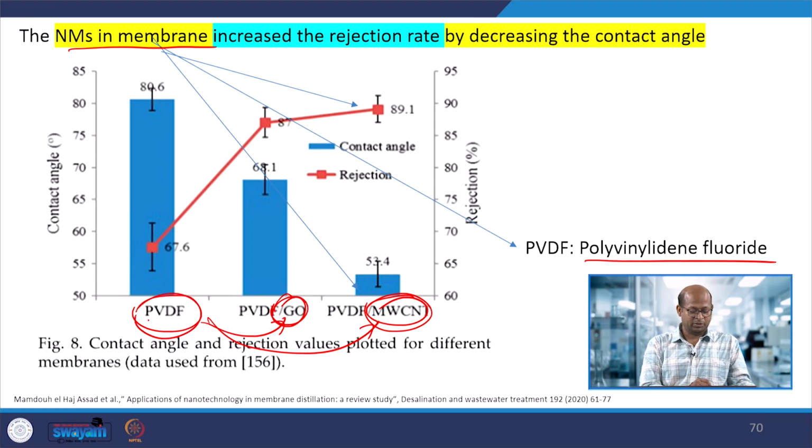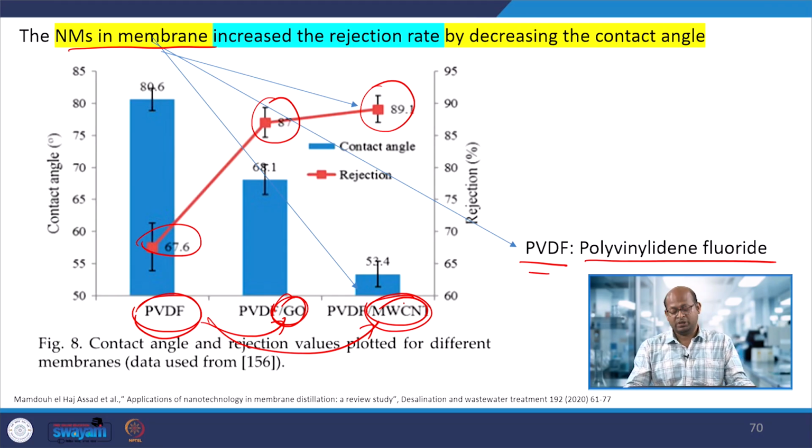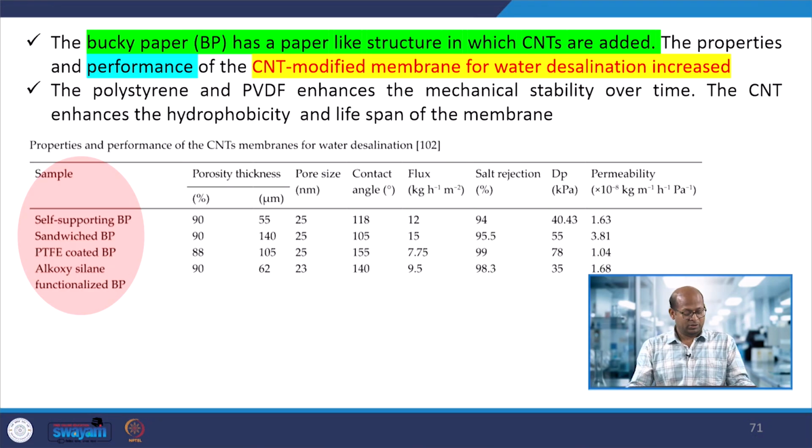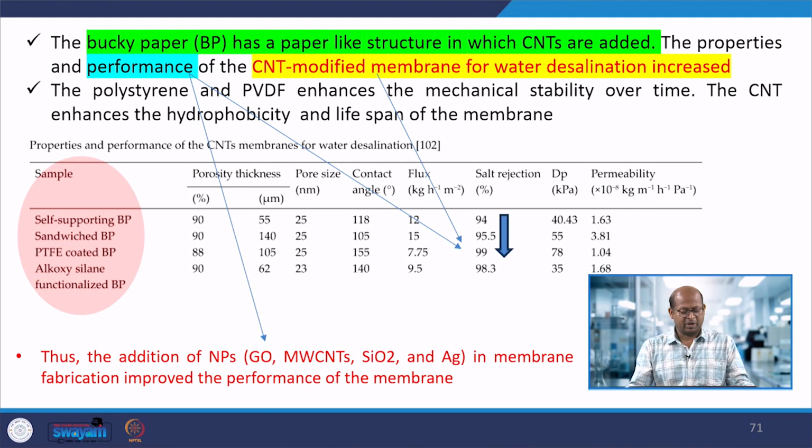Initially PVDF has a rejection capacity of 60.7 percent, and when graphene oxide is used the rejection capacity of pollutants increases. If we use multi-wall carbon nanotubes with the PVDF membrane, the rejection capacity of the contaminants increases further. So depending on the materials, we can prepare different types of membranes and remove the contaminants present in wastewater.